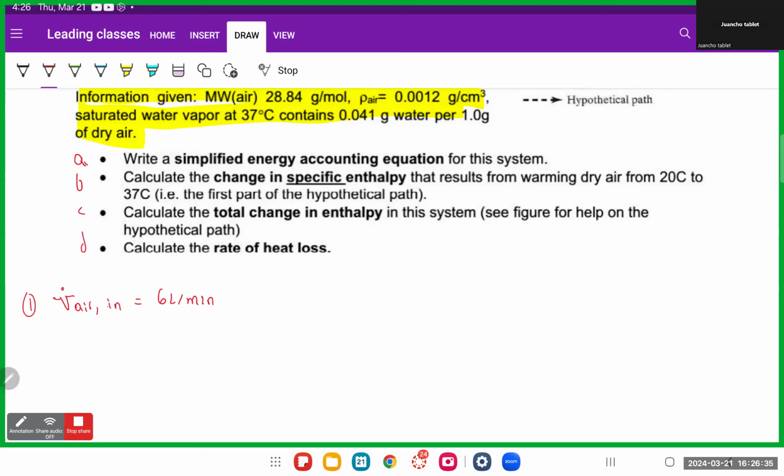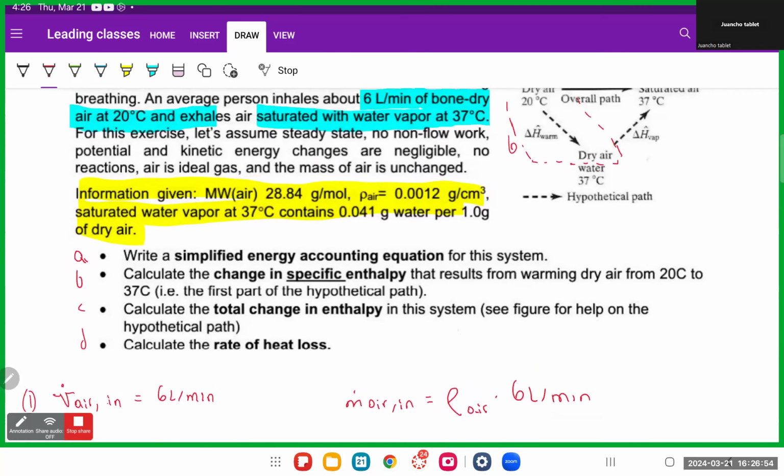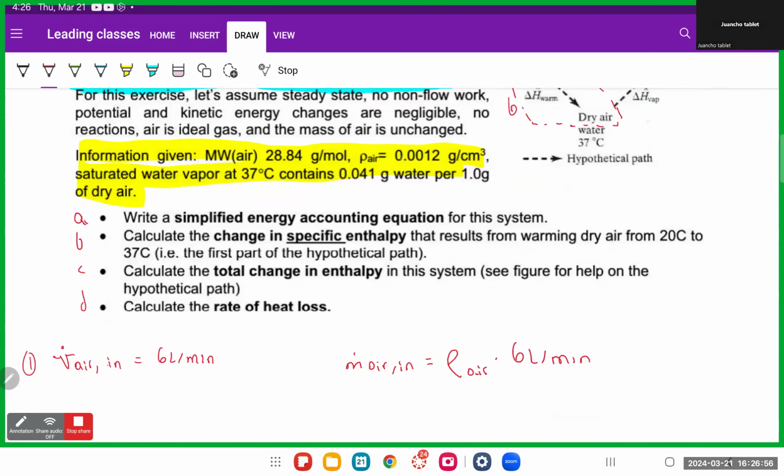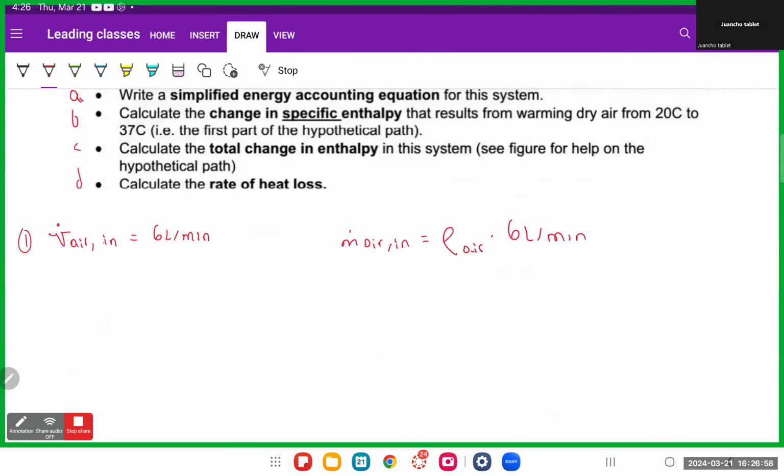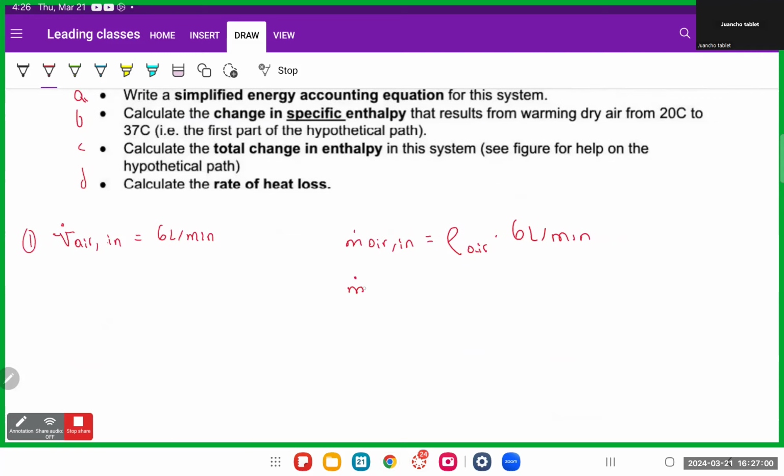Mass flow rate is the density times the volumetric flow rate. So I'm going to write that really quick over here. Air coming in is equal to the density of air times volumetric flow rate. And very handy dandy, we have the density over here. So we can now know what the mass flow rate of air is.